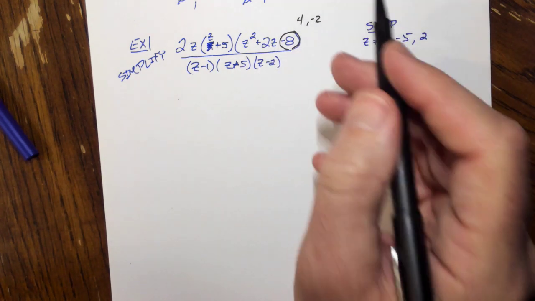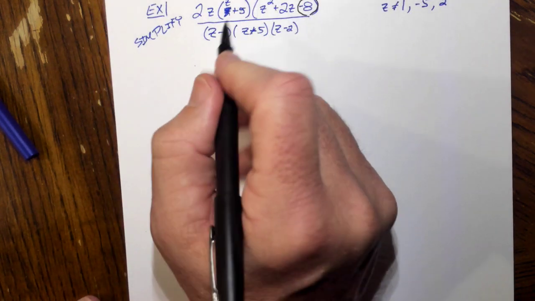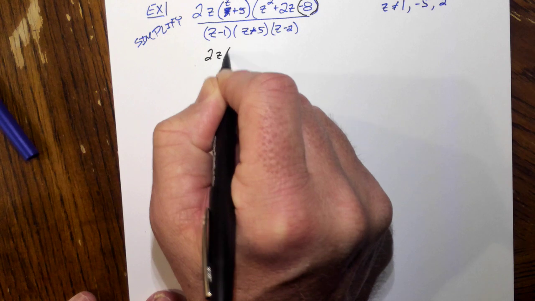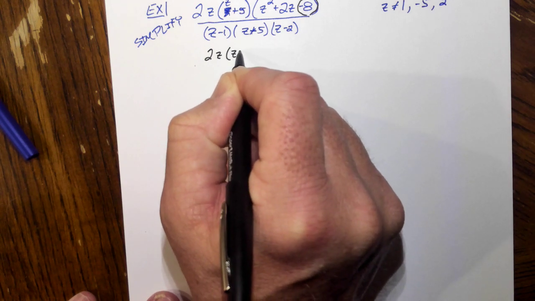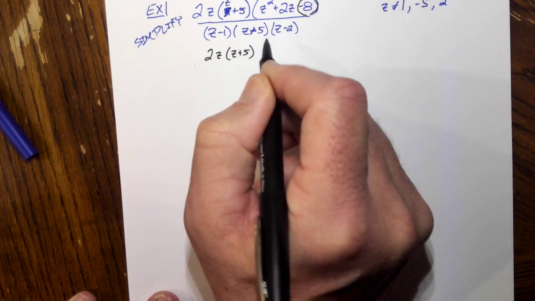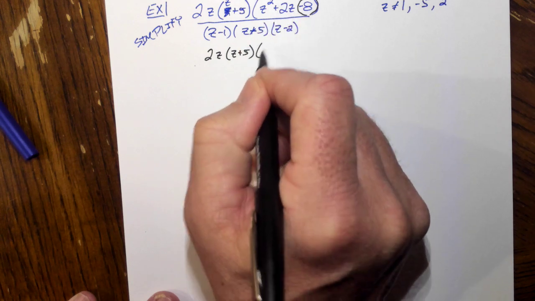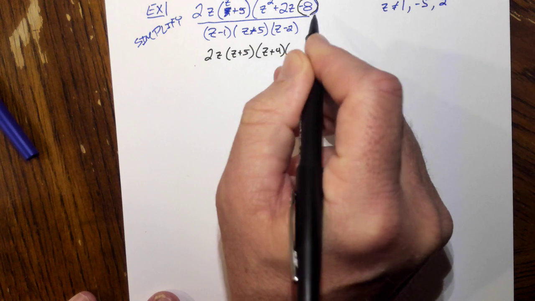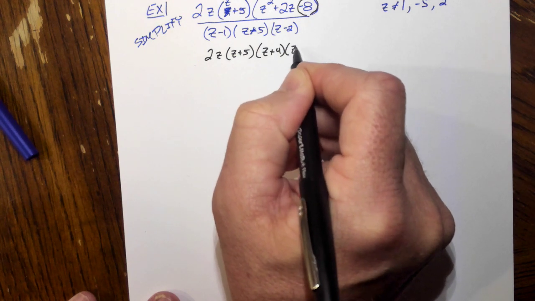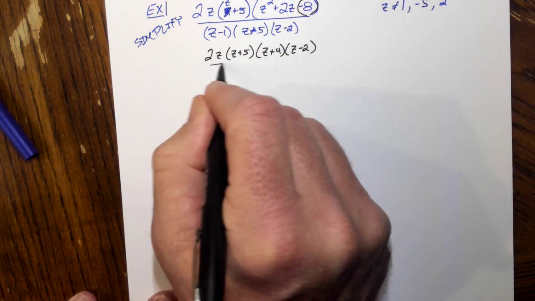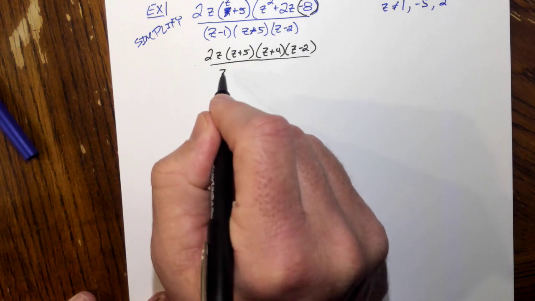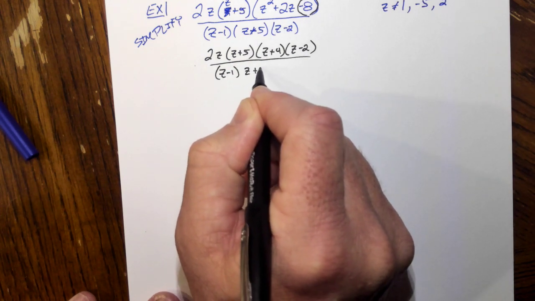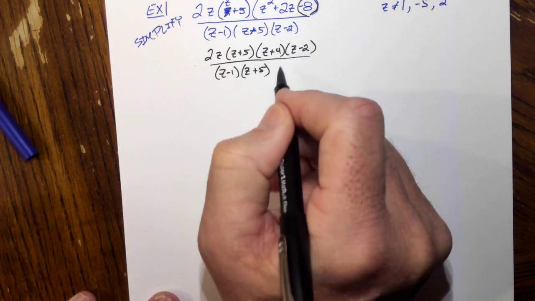Sum, yes. So, as we break this down, 2z times the quantity of z plus 5. Break this down times the quantity of z plus 4 times the quantity of z minus 2. Nothing to break down here. Z minus 1, z plus 5, and z minus 2.